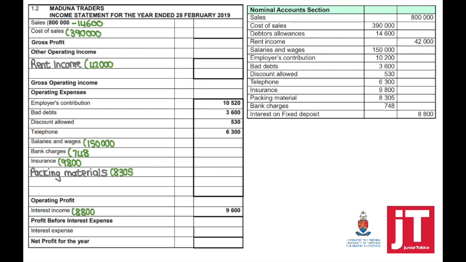Interest on fixed deposit forms part of your interest income. Remember that note number 1 and note number 2 is interest income, interest expense. If they don't ask you to complete those 2 notes, this must be shown directly on your Statement of Comprehensive Income and ensure that you show it in brackets.